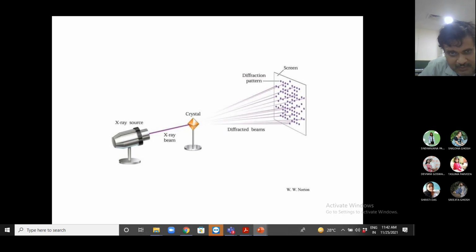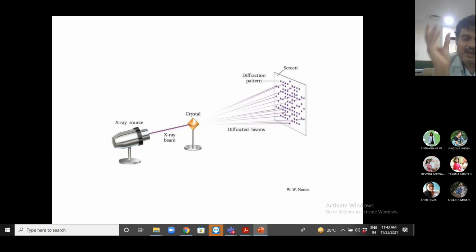In X-ray crystallography, we take the crystal on a mount and we put an X-ray beam on it, and depending on the lattice positions of the atoms present in the crystal, it will start diffracting, that is, throwing away the linear beam of X-ray in all directions. So that depends on the arrangement of the planes.